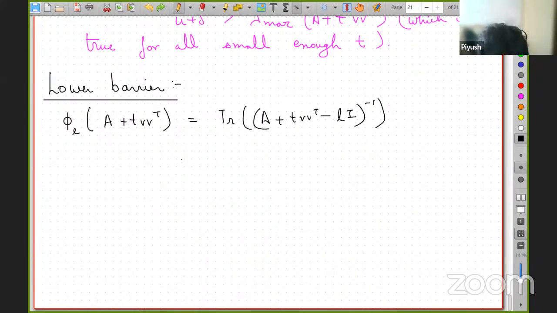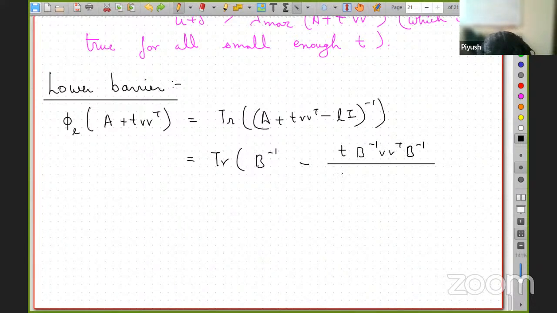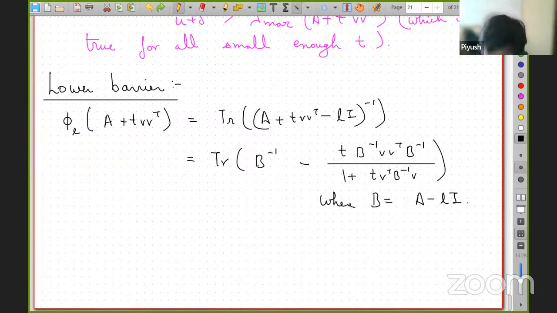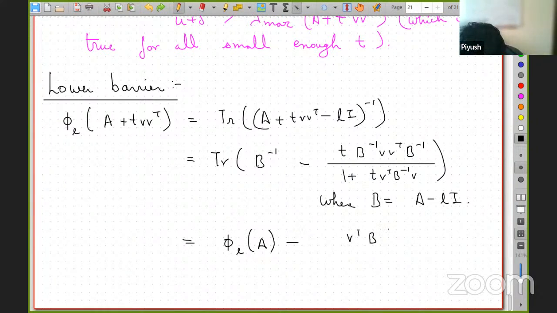And again, by the Sherman-Morrison formula, it is again the inverse minus t times, this time with a minus sign, t times the inverse v v transpose times the inverse over 1 plus, where this is equal to phi L of A minus v transpose.